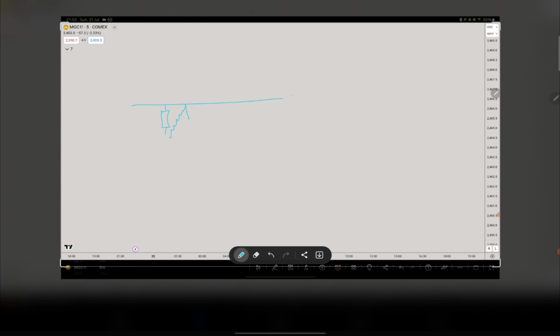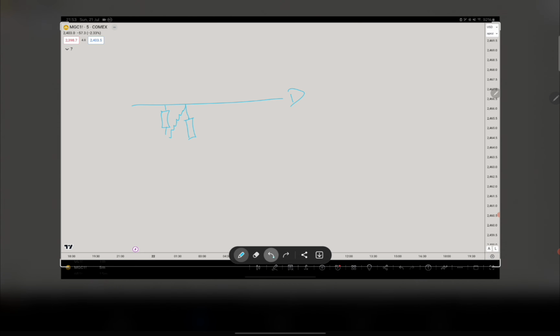So if this was the daily time frame, we would have to wait for the daily candle to reject, and that could mean price ends up being somewhere here by the time it closes, which means we would have missed quite a bit of opportunity. From what I've seen, we don't always need to wait for this to close. We can just go to a lower time frame and identify a breakout to get a better position.